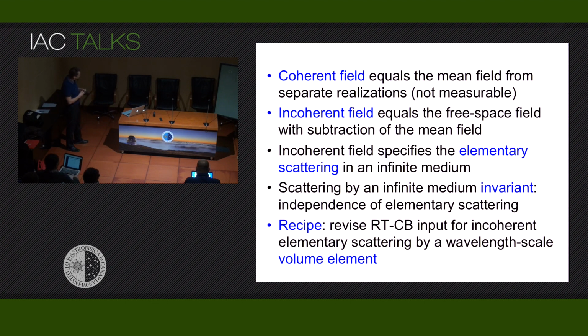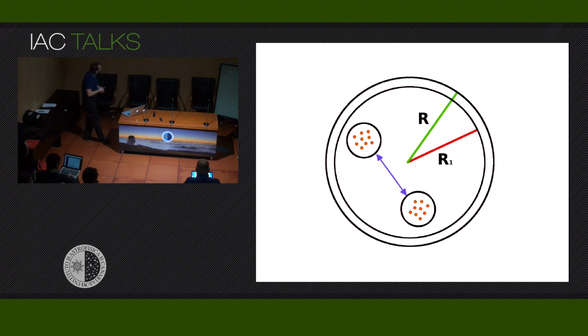So the recipe: the first step is to revise this radiative transfer coherent backscattering input so that we actually use incoherent elementary scattering by this element. And then the next thing to do, this is from Timo Väisänen's master thesis, is that these volumes of these particles actually talk to each other in a rigorous way, so that we have an exact solution for the scattering problem for an incoming wave, and we know exactly what kind of scattering that produces.